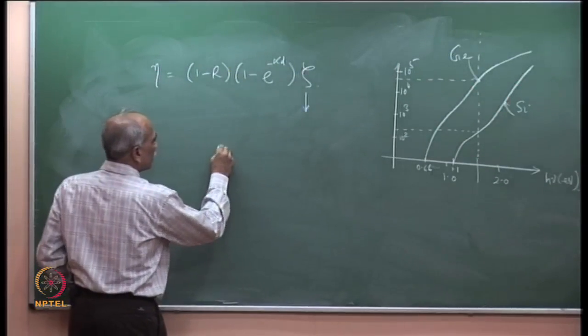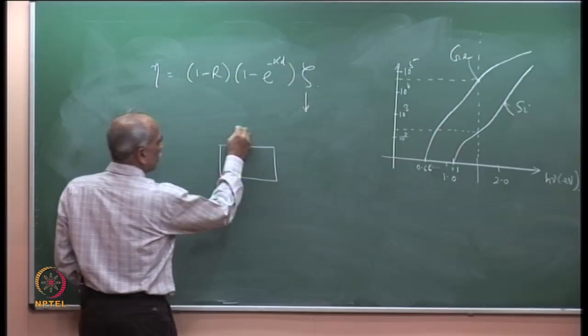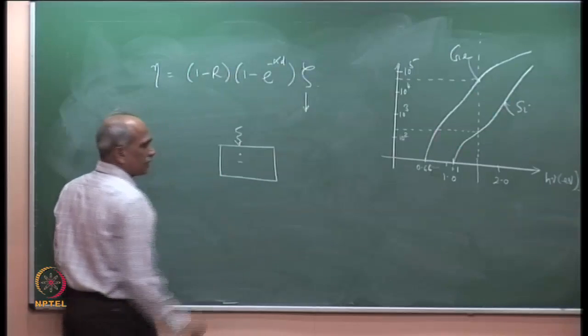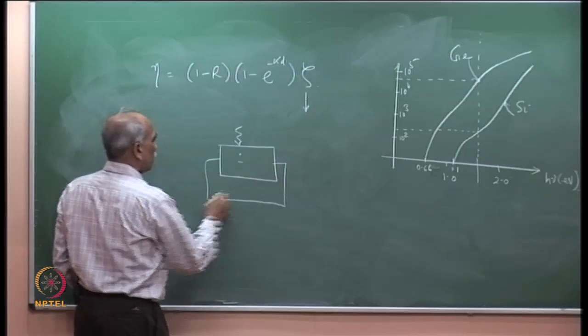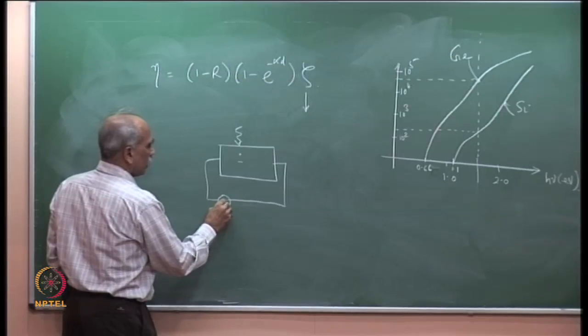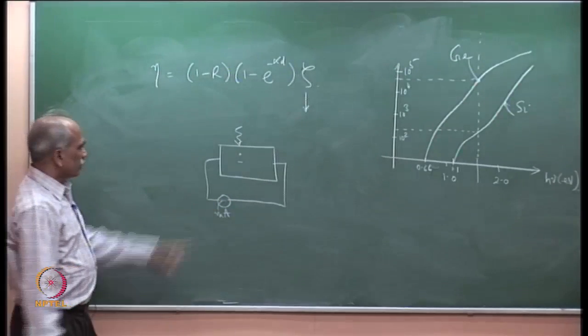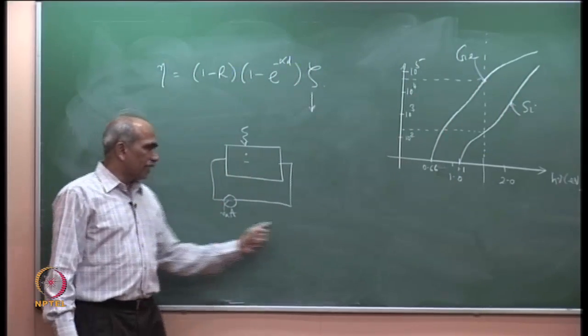If you take a photodetector here, let us say a photon is incident, there is an electron and a hole which is generated. If you simply connect this outside a milliammeter, then this is a piece of semiconductor which you have connected here.